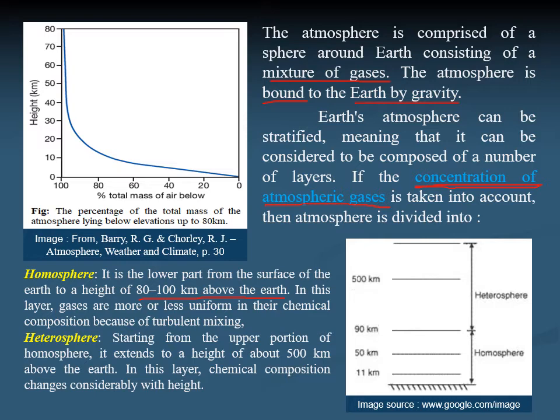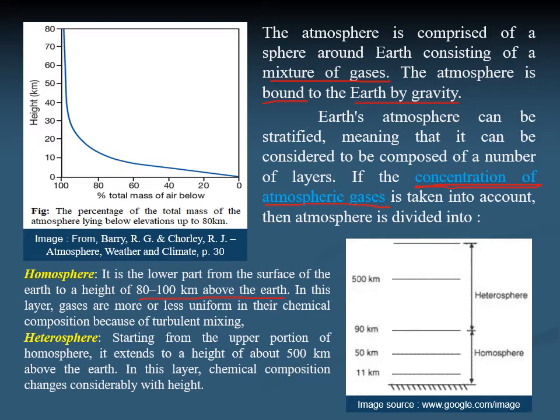And this uniform chemical composition of atmospheric gases means that up to the height of 80 to 100 kilometers, in all levels, the proportions of different atmospheric gases are more or less constant.